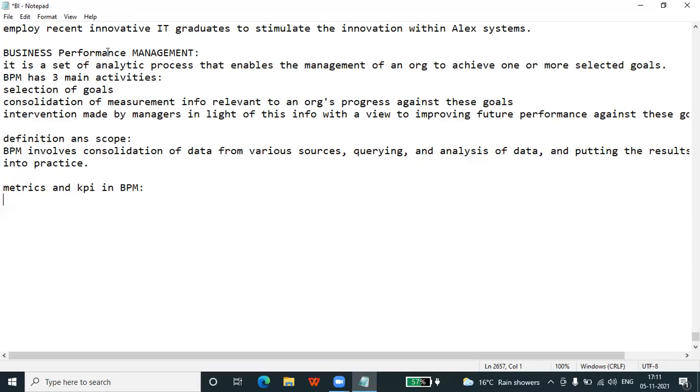Some of the areas from which bank management may gain knowledge by using business performance management include customer related numbers, new customers acquired, status of existing customers, and attrition of customers, including breakup by reason for attrition.